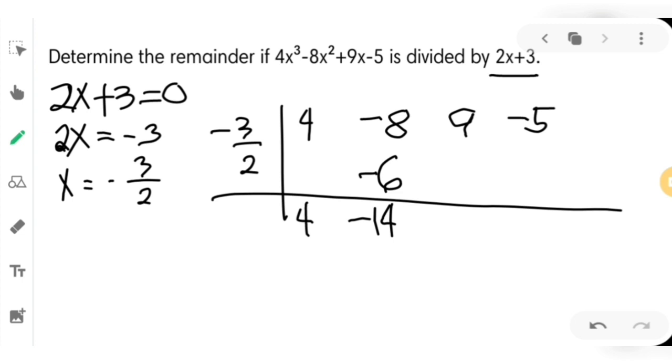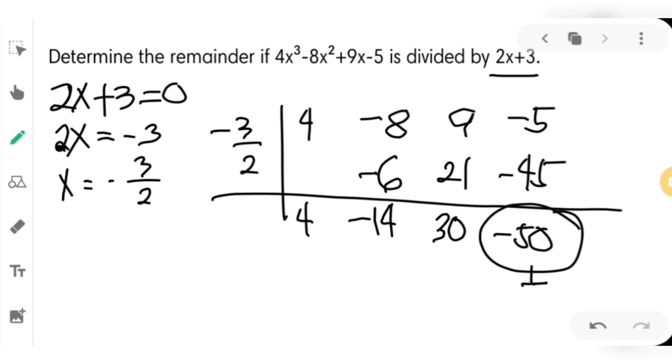So negative 3 times 14 is positive 42, divided by 2 is 21. Then add 9 plus 21 is 30. Then multiply 30 times negative 3 halves is negative 45. And then we are going to add. So negative 5 plus negative 45 is negative 50. That means our remainder here is negative 50.